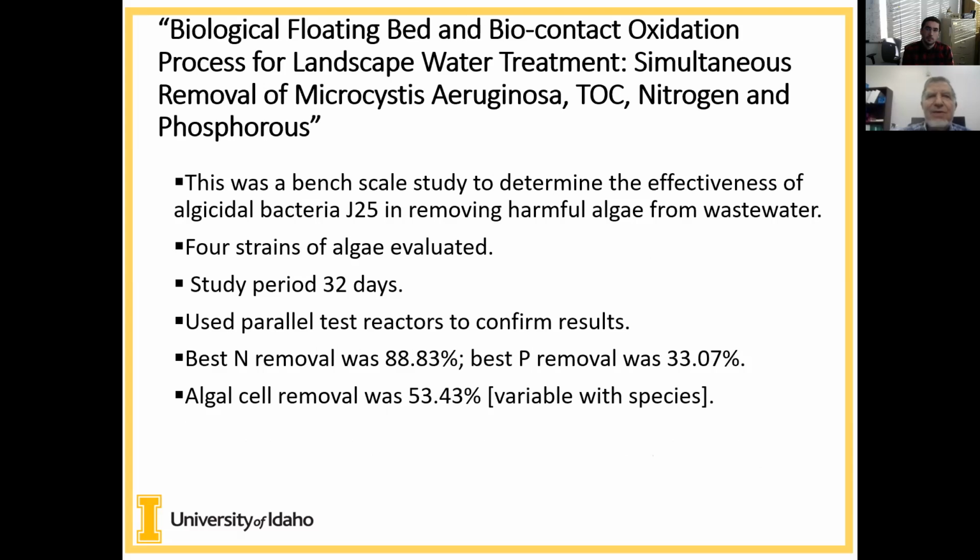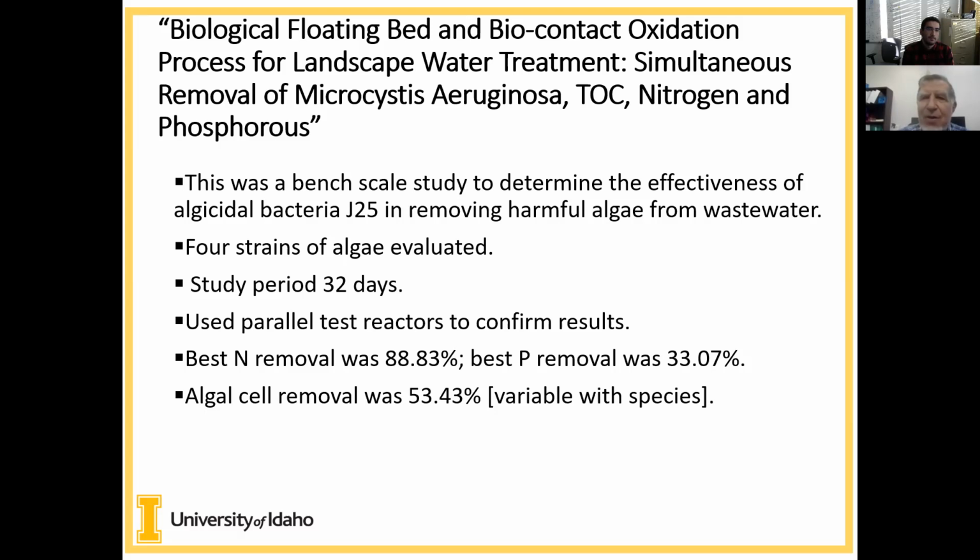The next RPA is entitled a biological floating bed and biocontact oxidation process for landscape water treatment with simultaneous removal of Microcystis, TOC, nitrogen, and phosphorus. This was a bench scale study to determine the effectiveness of algacidal bacteria J25 in removing harmful algae from wastewater.